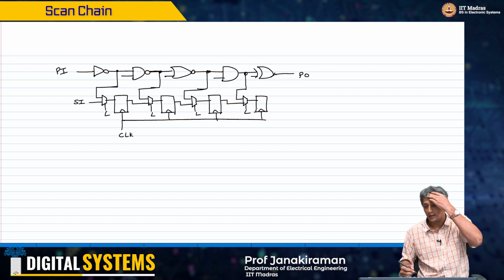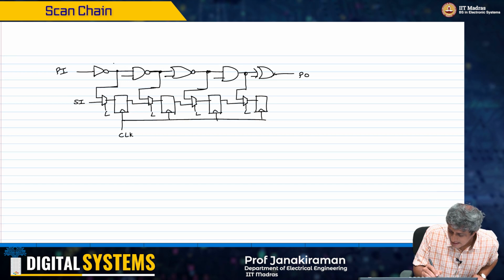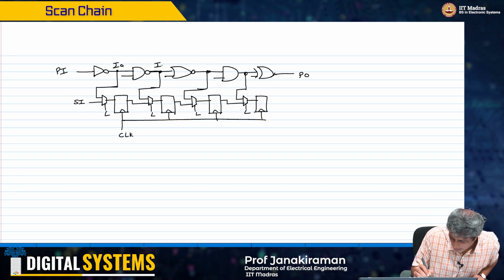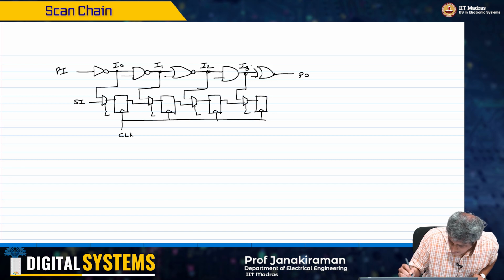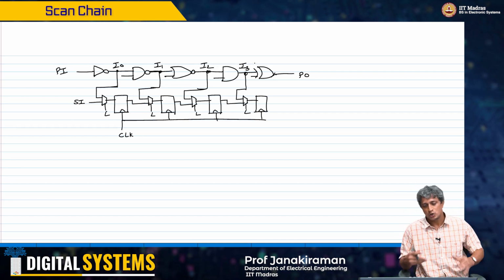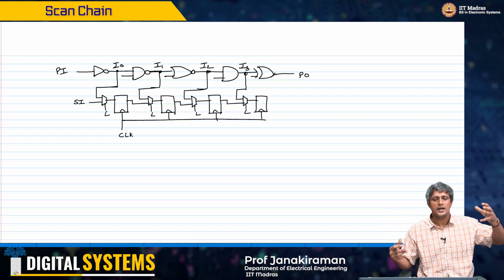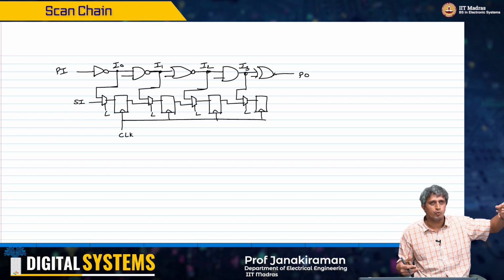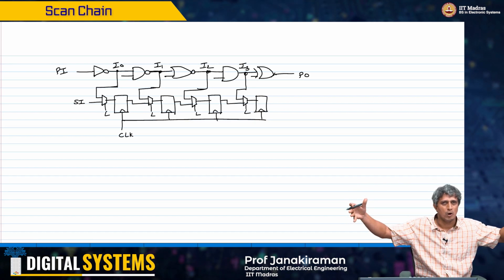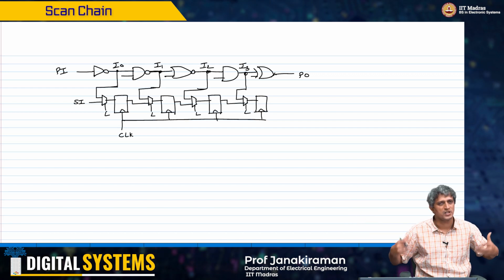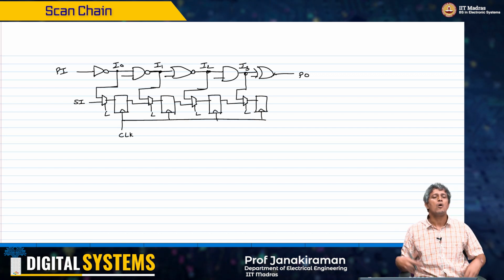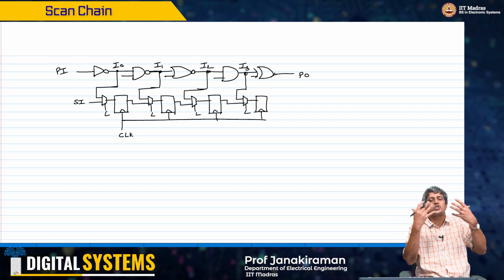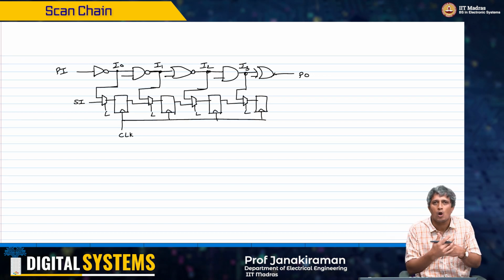So what you see here are my I0, I1, I2 and I3 signals. Now imagine that you have given some primary inputs, you have got a primary output, you check the primary output, and something was wrong. Now I need to find out which gate actually evaluated the wrong output.